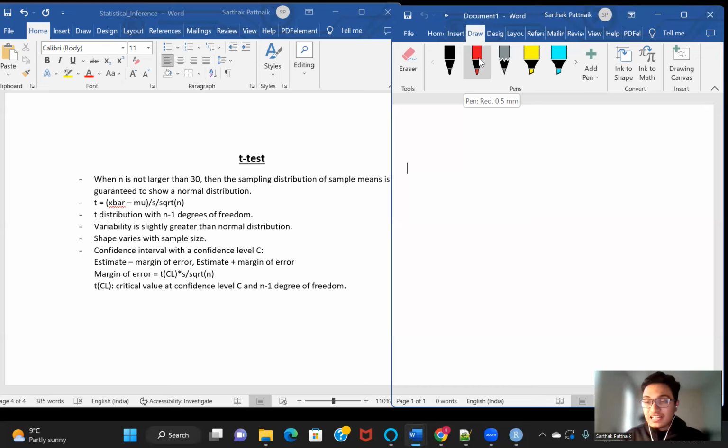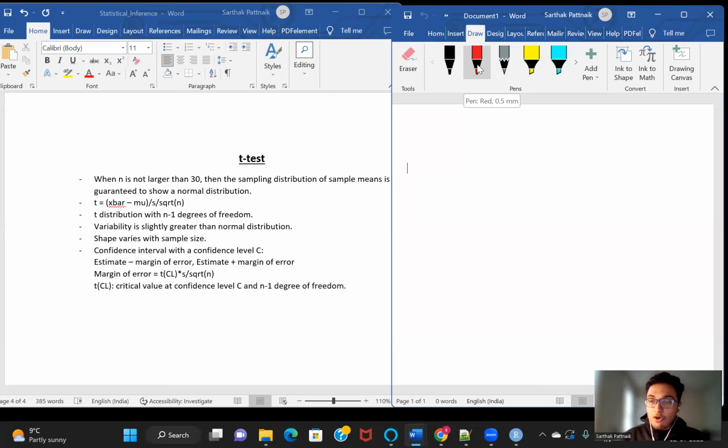When the number of samples n is not greater than or equal to 30, then the central limit theorem cannot be applied, and we cannot say with 100% assurance that the sampling distribution of sample means will be a normal distribution. Therefore, in these scenarios, we'll go down the route of t-test. But apart from this, a few other concepts remain sacrosanct.